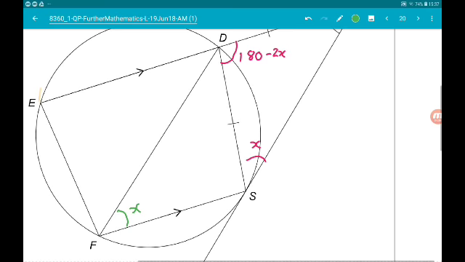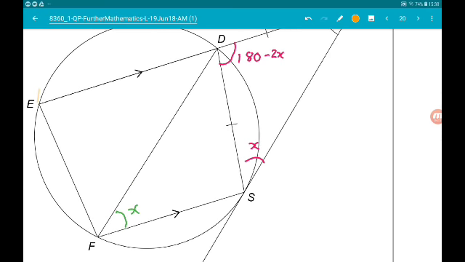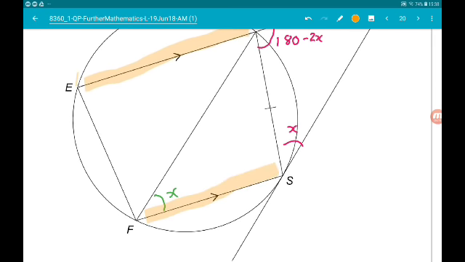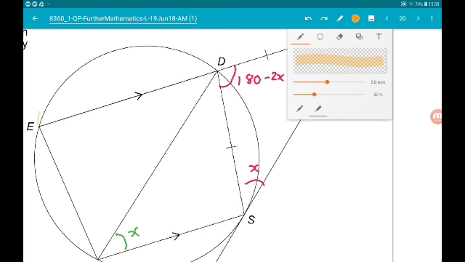Let's see. Right, we know that these two lines here are parallel. So what we have going on here is a cheeky little Z. So now we can be thinking in terms of alternate angles.